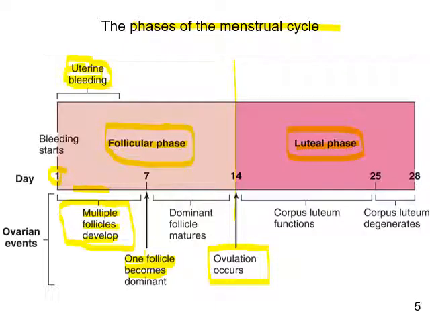So one follicle, at the middle of the follicular phase, becomes dominant and continues to develop into a mature follicle containing a mature oocyte, and the rest of the follicles containing immature oocytes undergo apoptosis, atresia, and degeneration.